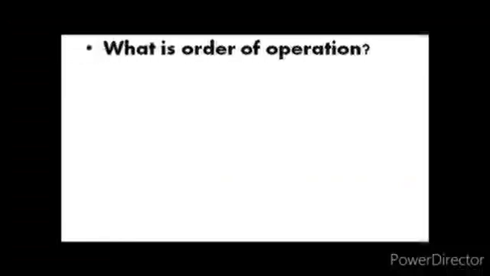So, what is order of operations? The rule or steps which are to be followed while solving expressions with multiple operations is the order of operations. It is also referred to as BODMAS. According to it, we start solving the expression step by step.